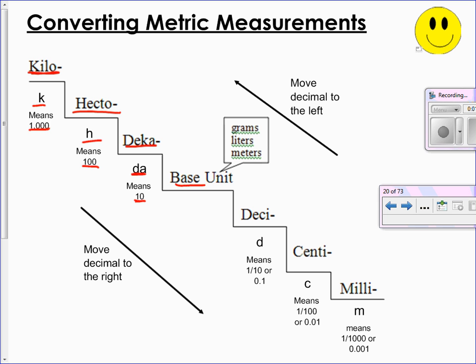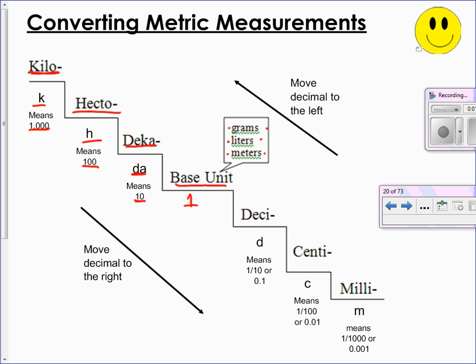Then our next step is the base unit. The ones we'll be focusing on are grams, liters, and meters. Remember, grams is mass, liters is volume, meters is length. In their general meaning, their number is 1.